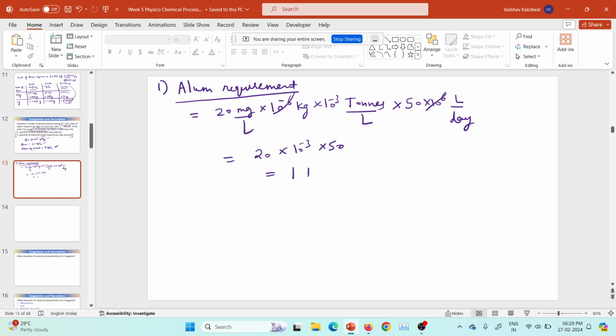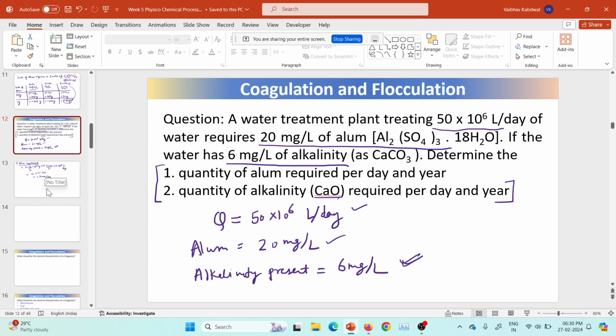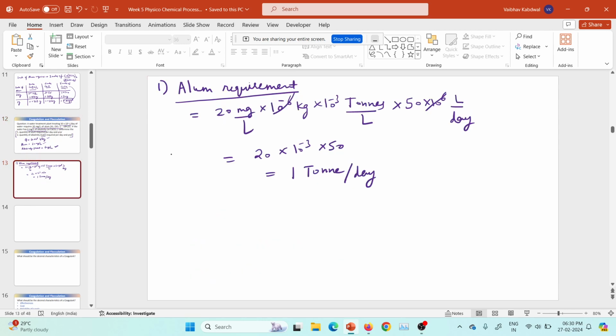The requirement is 1 ton per day is the lime requirement. See how much lime is required per day for 50 MLD of water or wastewater.